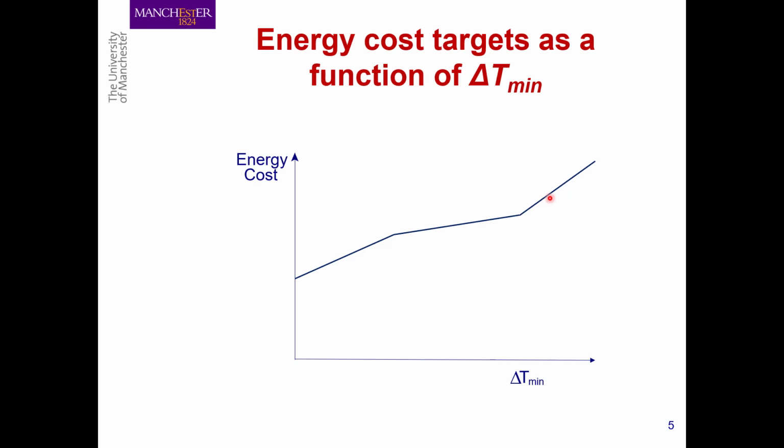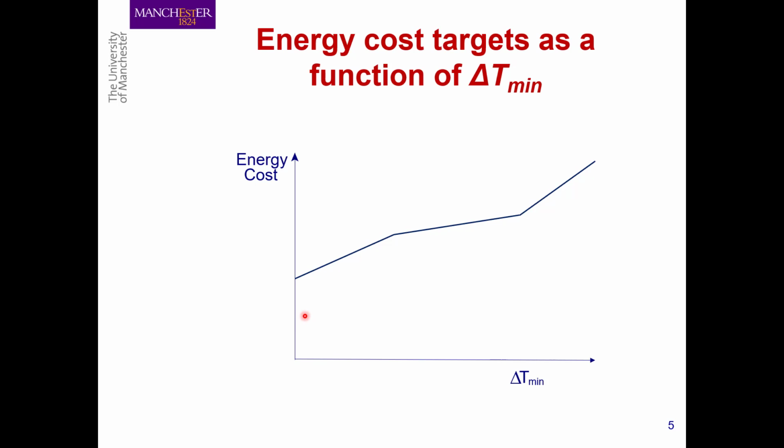Also, if we require a higher temperature utility like flue gases or hot oil, we see that the cost of that energy will be much steeper compared to, for example, low and high pressure steam. So we have a significant increase in the price over a value of delta T min. Okay. And if we talk about cold utilities, obviously that will be in reverse.